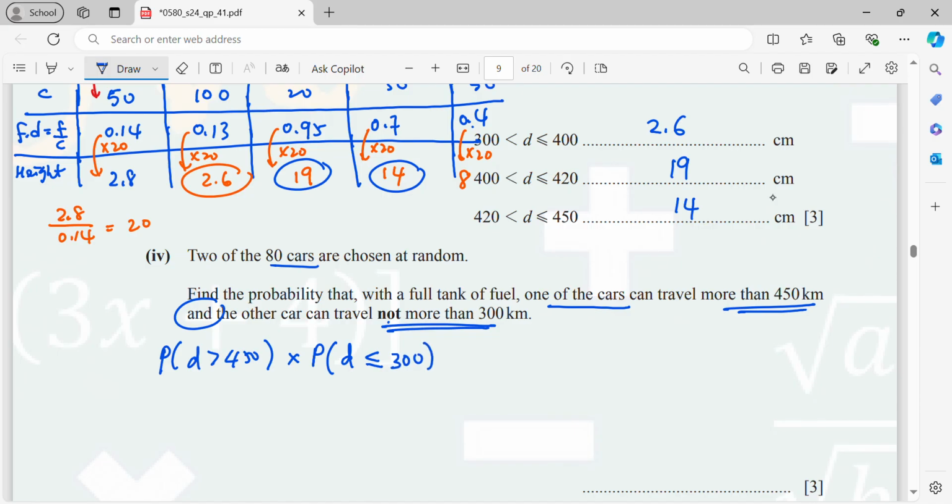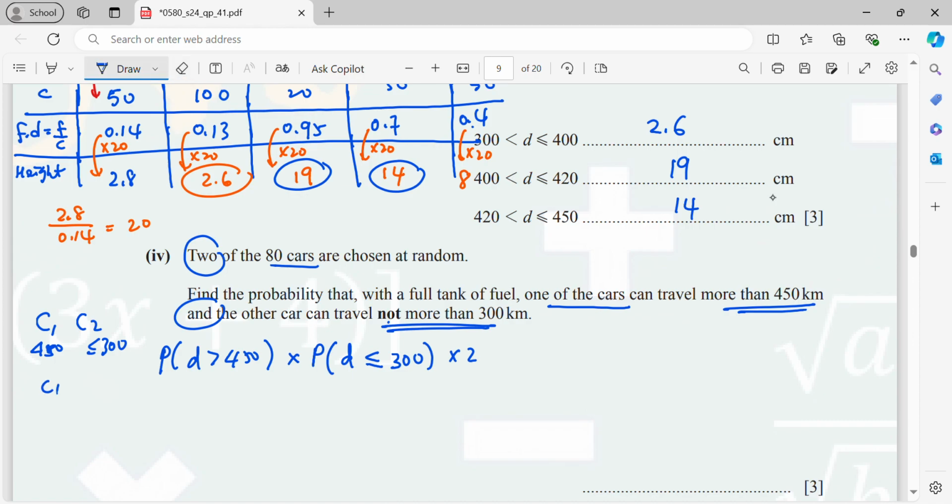Now since you have two cars here, and we are not sure which car will travel 450, whether the first car or the second car, that means now you have to times 2. Maybe car 1 is 450 and car 2 is at least 300, or probably this is car 2 and this is car 1.